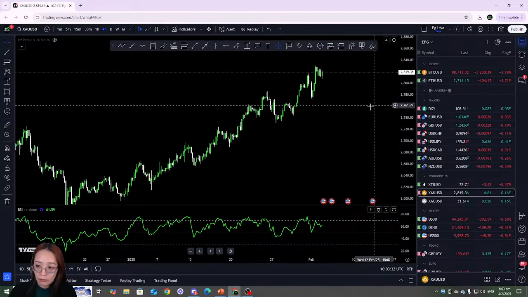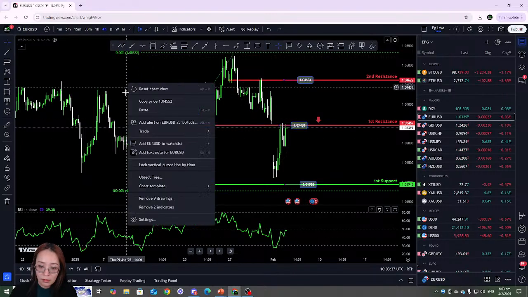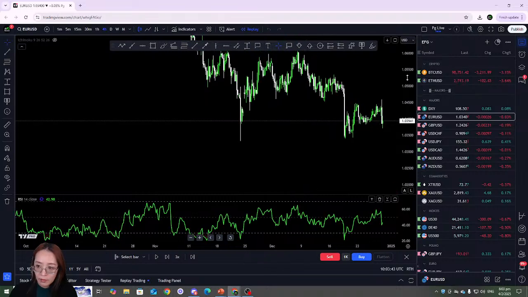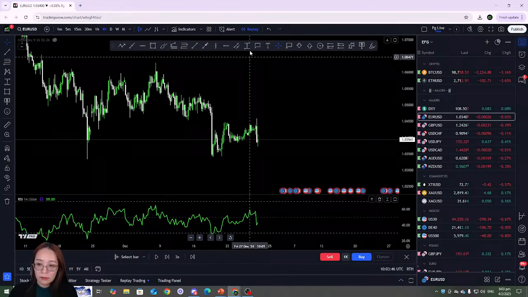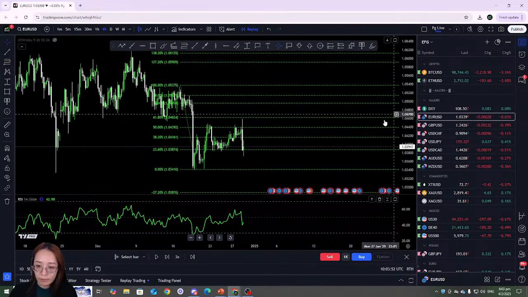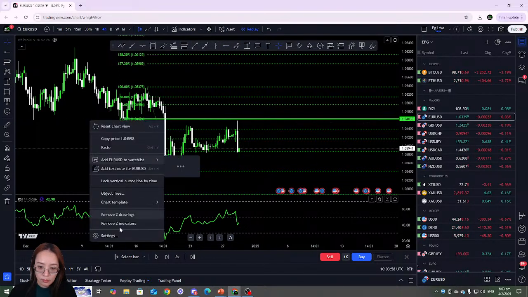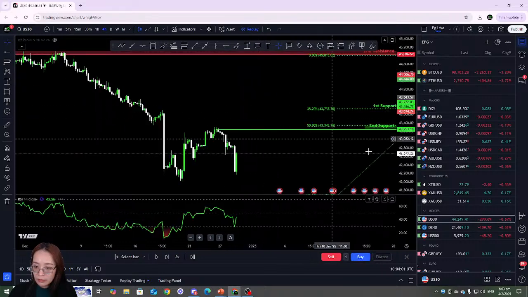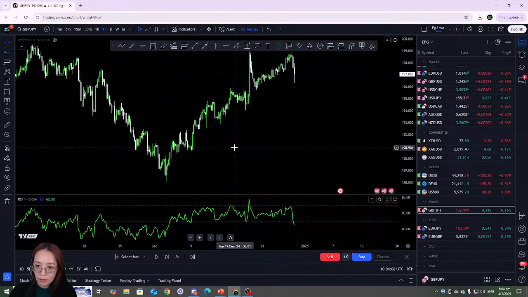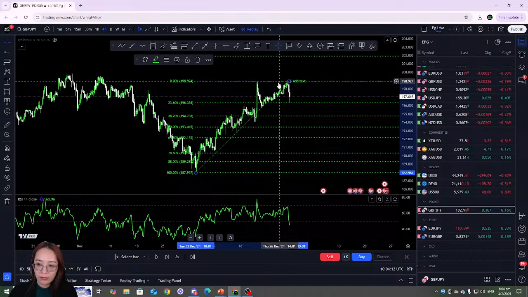For example, let's say you draw, maybe I change to another pair. Let's say you draw Fibo. If we know this is going to be your pullback, right? Maybe I pick another random pair, GJ, for example. Maybe I identify this is a high, right? This is the low.